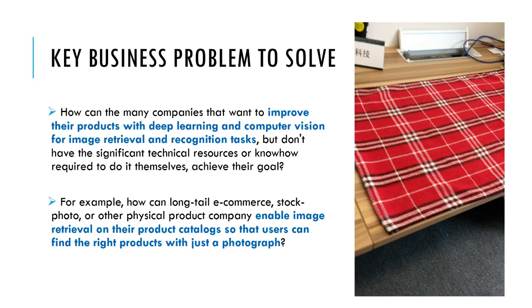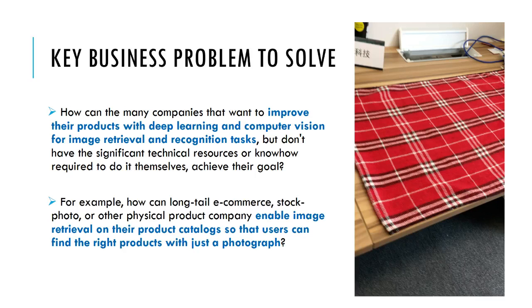So what does it actually mean for a scenario? Well, there are a bunch of scenarios you can consider, but one of the common scenarios is for e-commerce providers, like long-tail e-commerce providers, stock photos, or physical product companies, to enable retrieval on their products so that you can find the products in the product catalog so users can buy them.